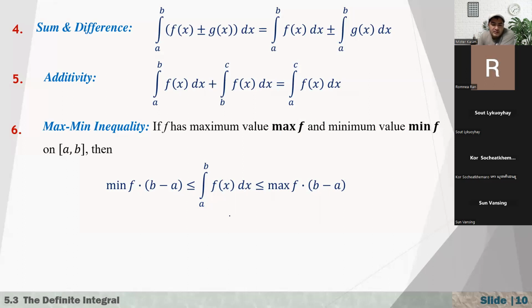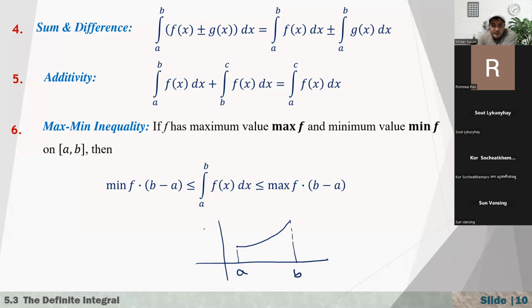Okay, so why is this so? We can just draw a graph to visualize this. Suppose that our function is something like this. This one is a, and this one is b.